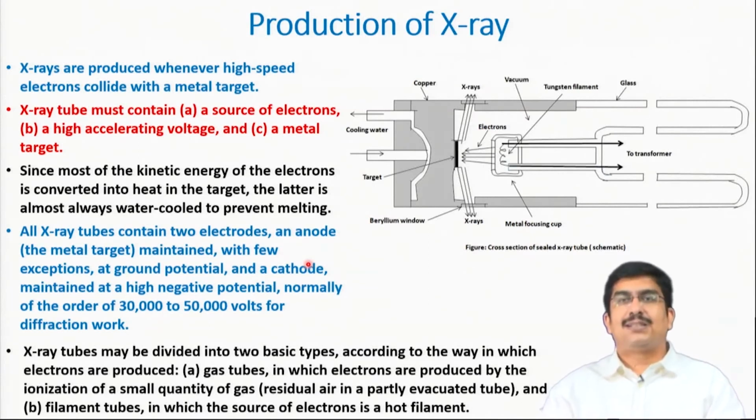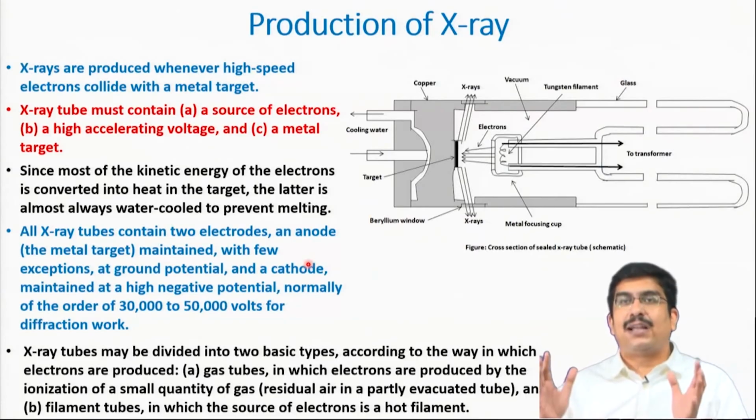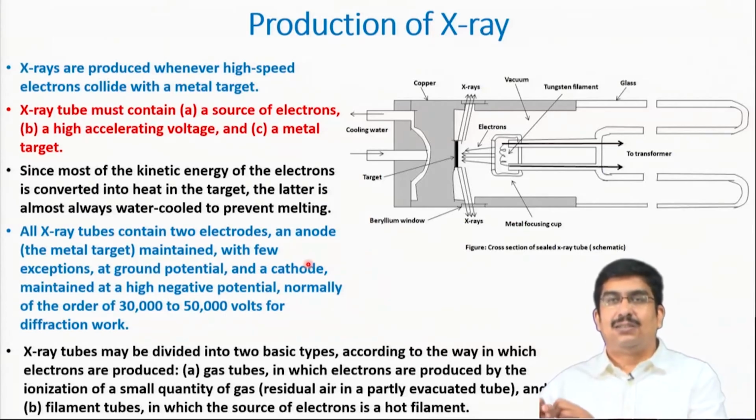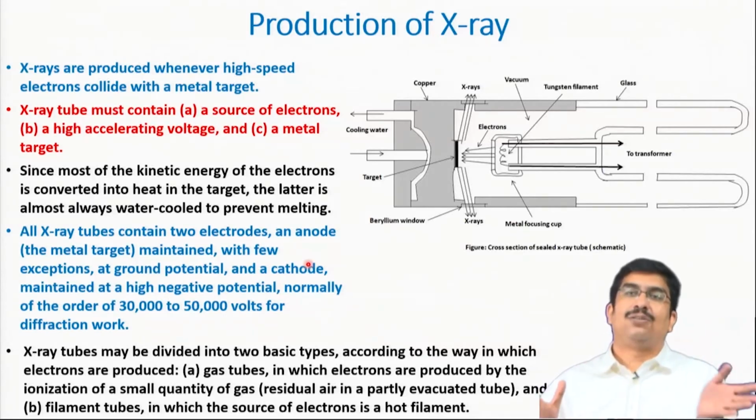But almost always this anode is kept at ground potential, whereas the cathode is maintained at a very high negative potential, and that is what gives the very high potential difference between the cathode and the anode. The cathode produces the electrons, kept at a negative bias.